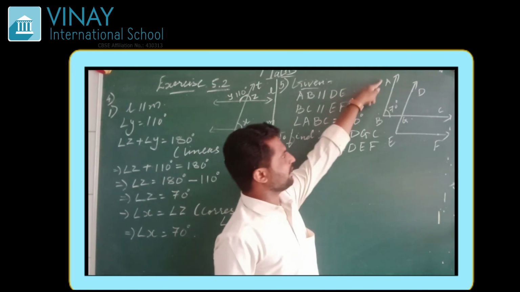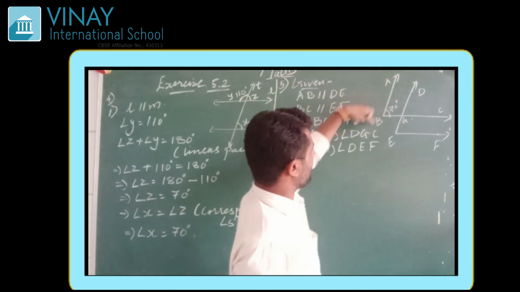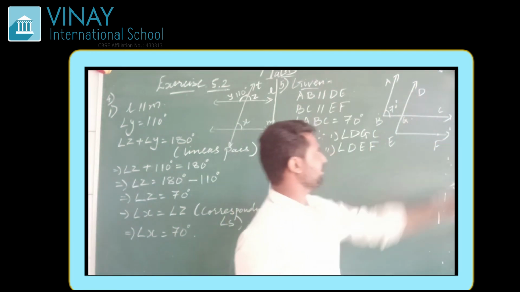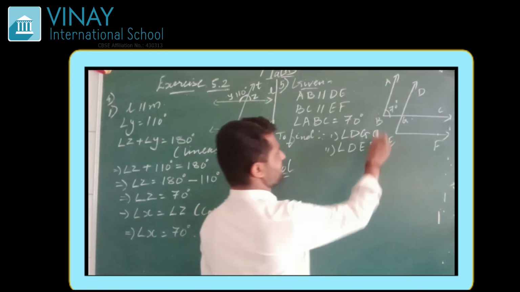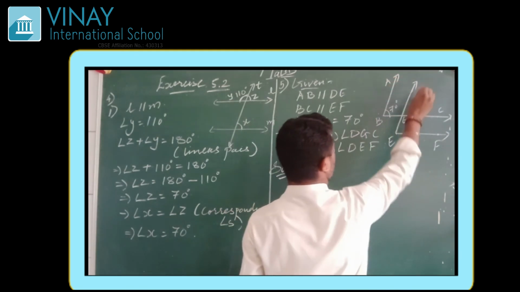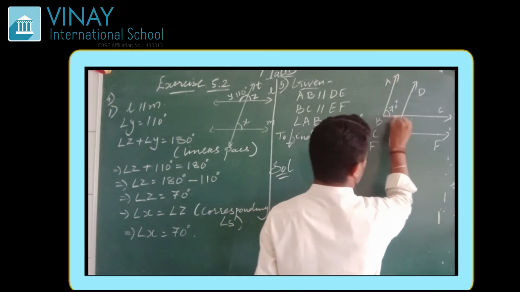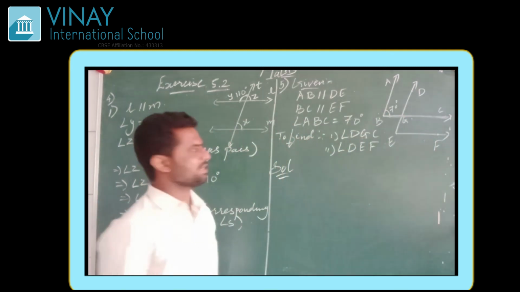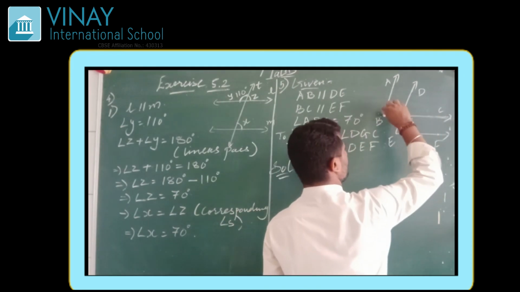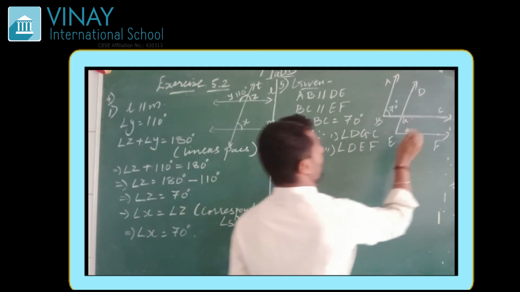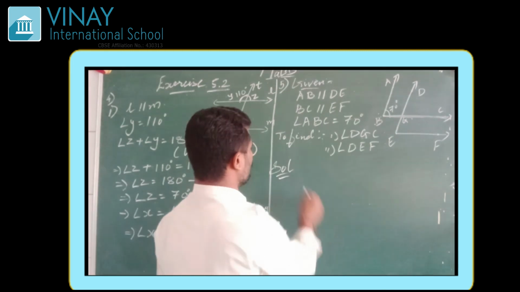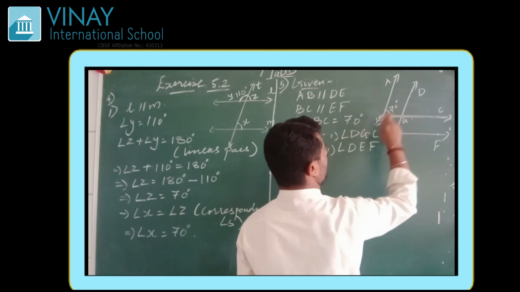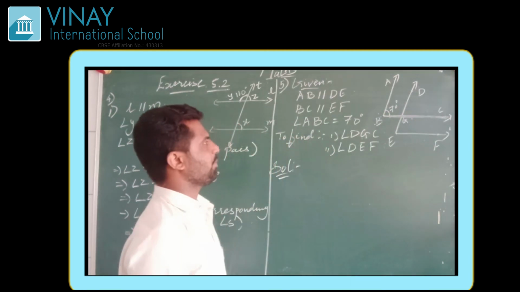Here it is given that the two arms are parallel to each other, that is AB is parallel to DE and BC is parallel to EF. Now, if we see properly, AB is parallel to DE. Here BC is the transversal, because it intersects AB and DE also, and we know that when a transversal intersects two parallel lines, their corresponding angles are equal.